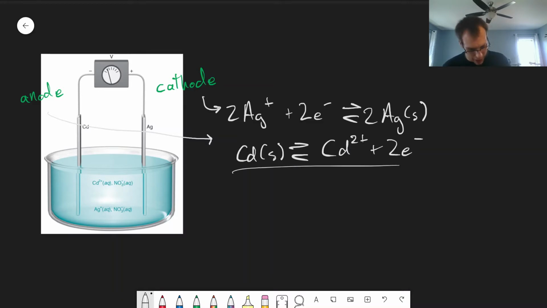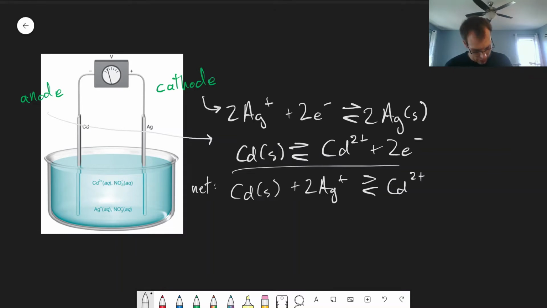And so our net reaction is that we have cadmium solid plus two silver ions reacting to form cadmium ions plus two silver metal atoms.